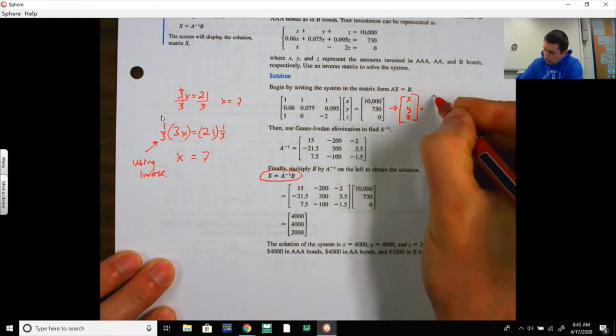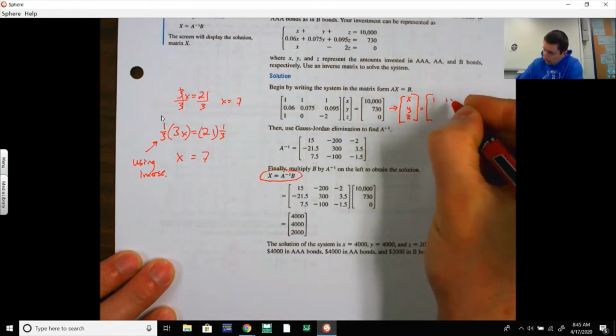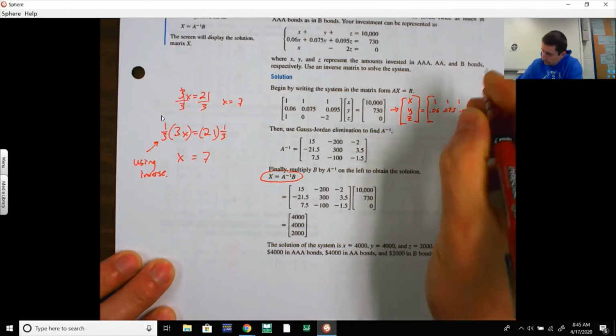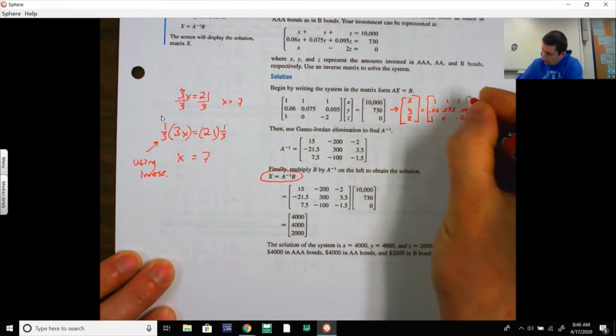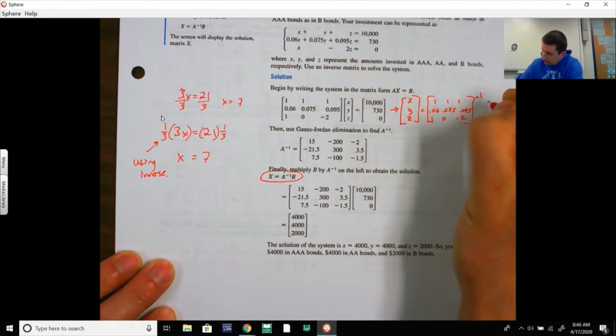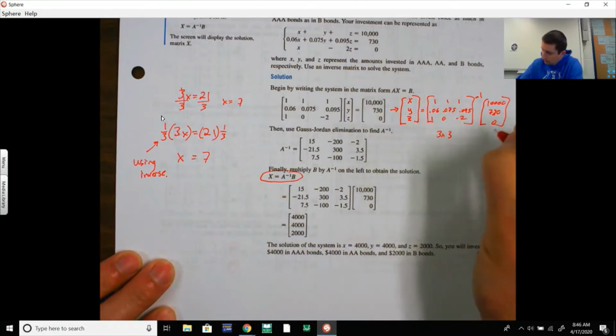going to equal the inverse of the coefficient matrix, 0.06, 0.075, 0.095, 1, 0, -2. We have to take that inverse and then multiply it by 10,000, 730, and 0. This is a 3 by 3 matrix. This is a 3 by 1 matrix.